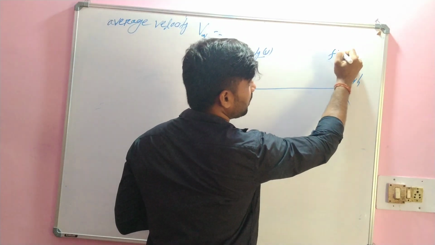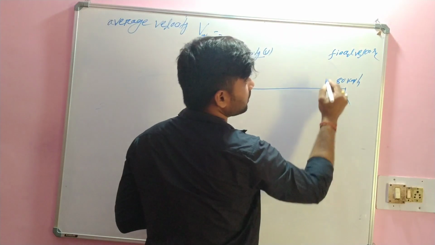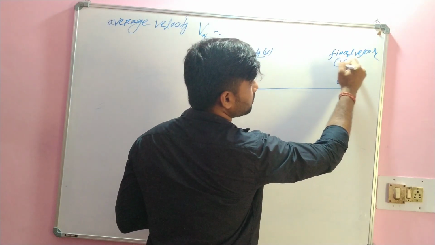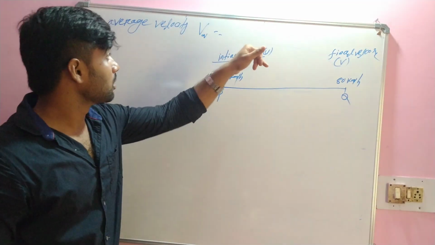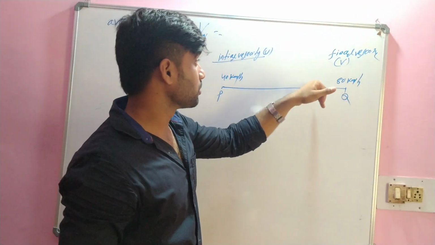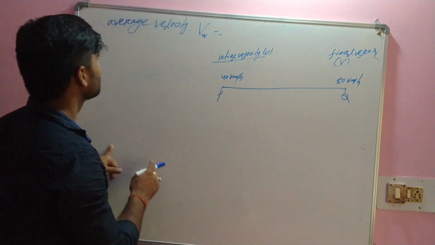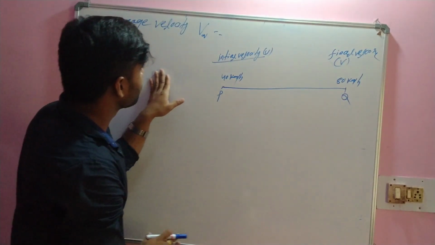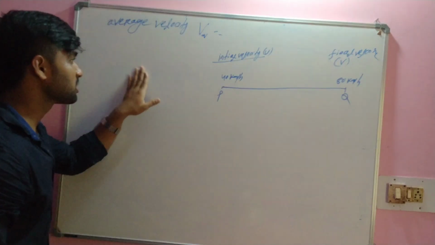This is called final velocity, which is denoted as v. When you find the average velocity with distance and time, you have to find the displacement.